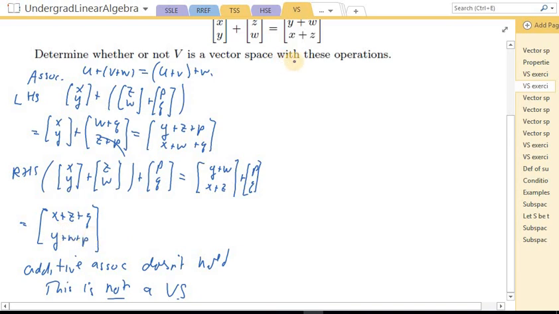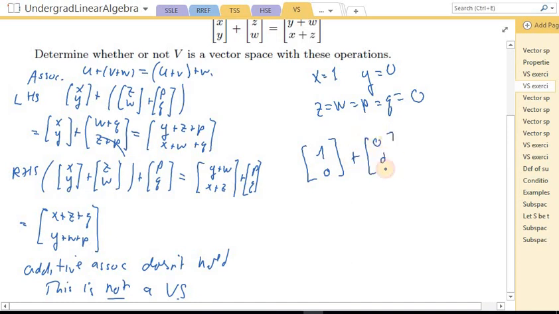So again, we could give a particular example. We could say x equals 1, y equals 0, and then we could let all the others be 0. z equals w equals p equals q equals 0. In that case, according to this formula, we have 1, 0 plus 0, 0, and that's going to be plus 0, 0.